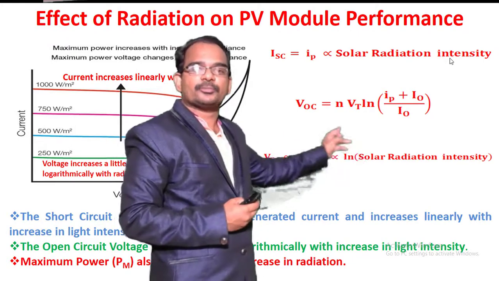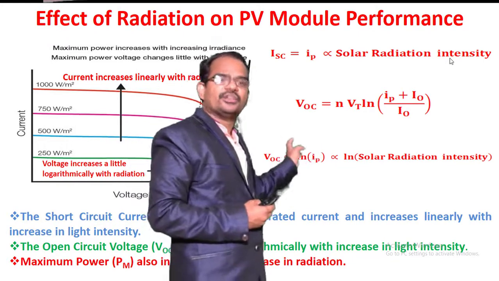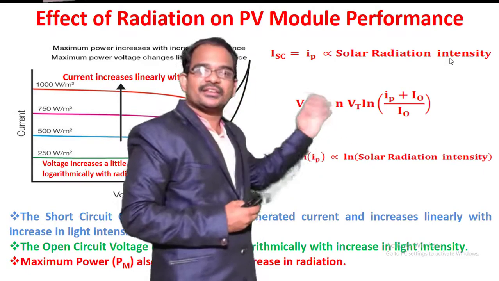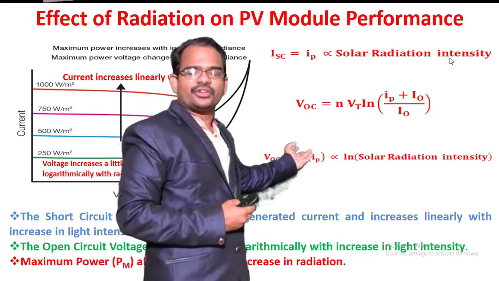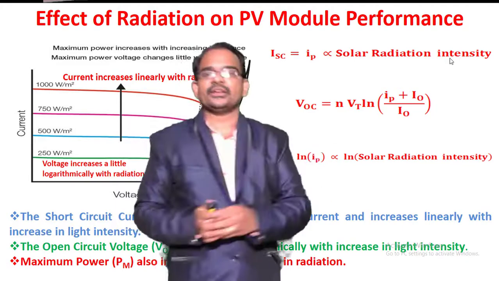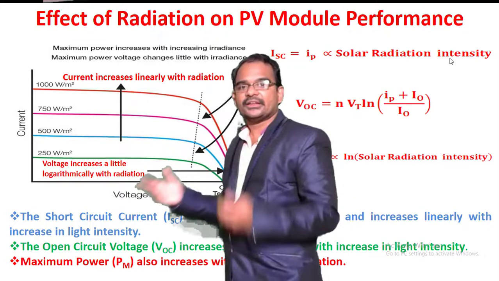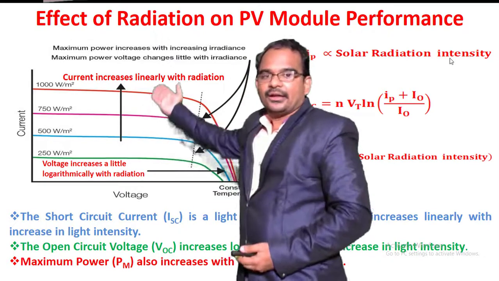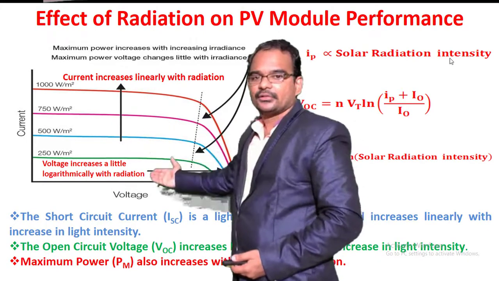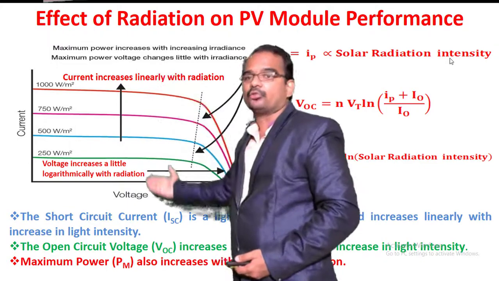Thereby VOC is proportional to the logarithm of solar radiation intensity, whereas ISC is linearly proportional to solar radiation intensity. As you can clearly observe in the figure over here, as the radiation decreases, the IV curve shifts downwards.